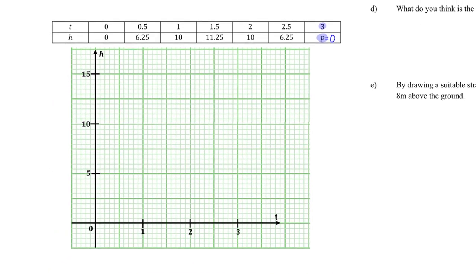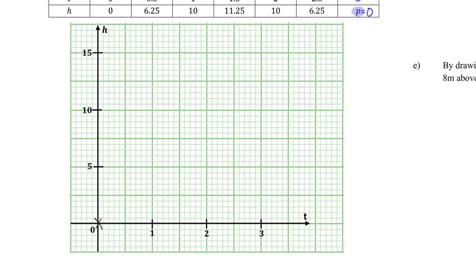Now I need to plot this graph out, so let's start. When t is 0, h is 0, it will be here. 0.5 and 6.25: this is 6, 5.5, 6, so 6.25 will be in the middle here.